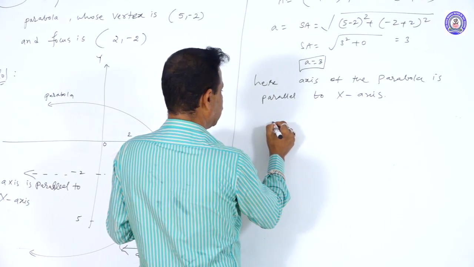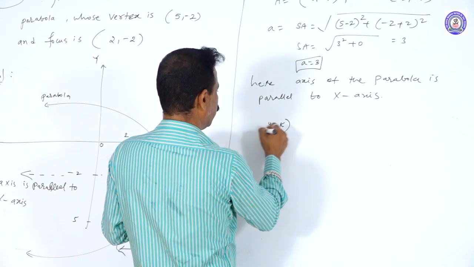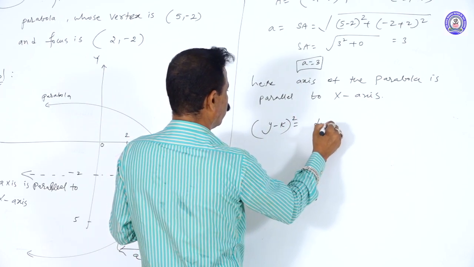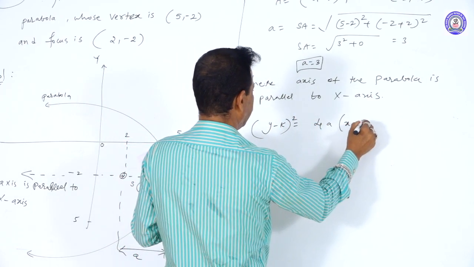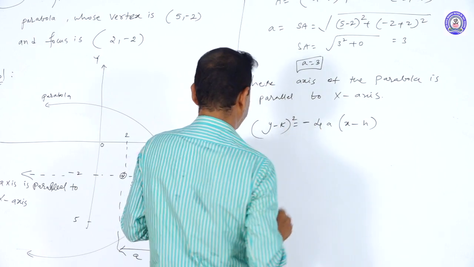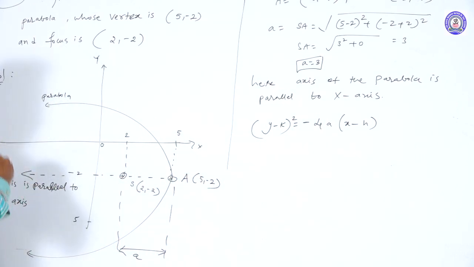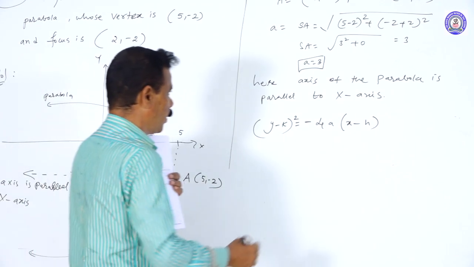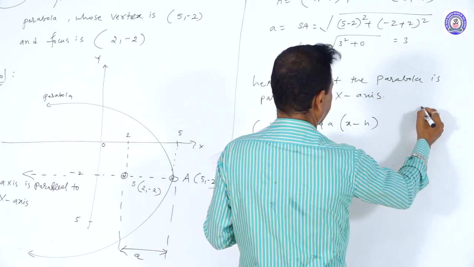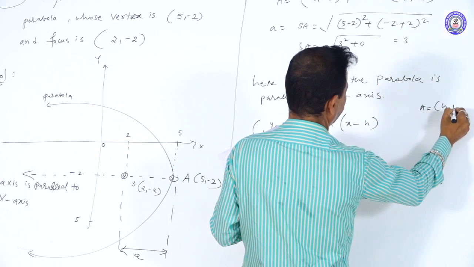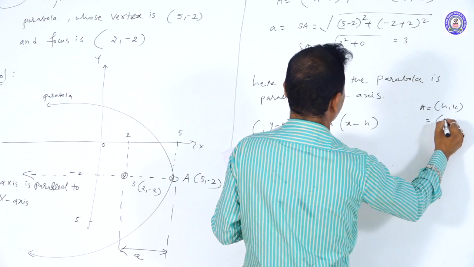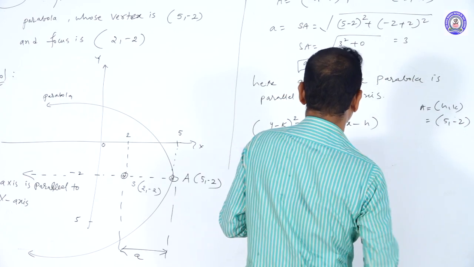So it is written as (y - k)² = -4a(x - h), shifted to the left, where the vertex A is (h, k). A = (h, k), that is (5, -2).